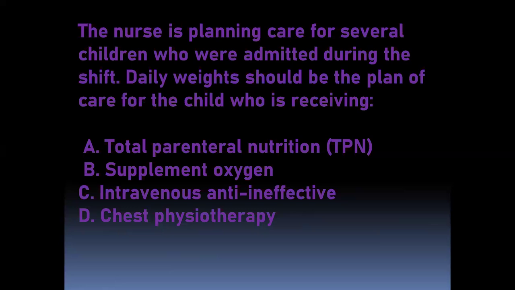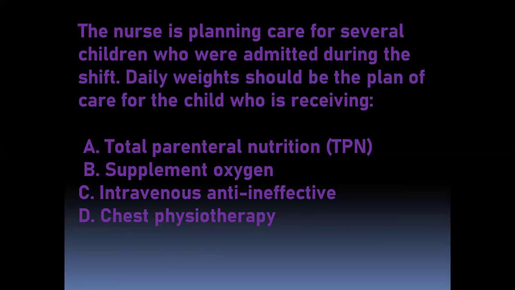Okay. You have to remember, for total parenteral nutrition, there will be a chance of getting fluid overload. So if it is fluid overload, hypervolemia, how will you find out? By checking the weight daily.